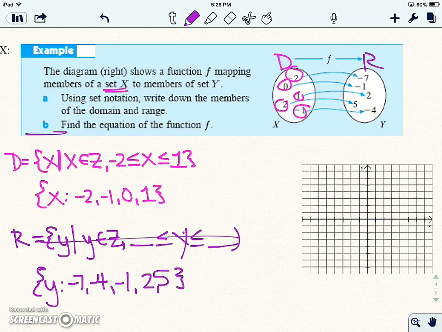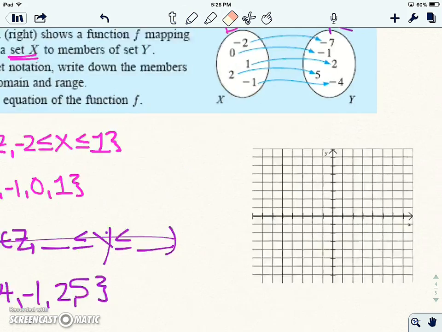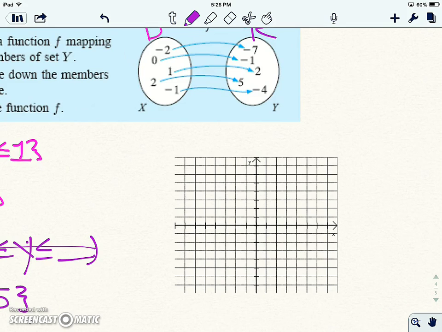And it wants us to find the equation of the function. So I'm just going to graph these points. I'm going to graph the point -2, -7, 1, 2, 3, 4, 5, 6, 7.